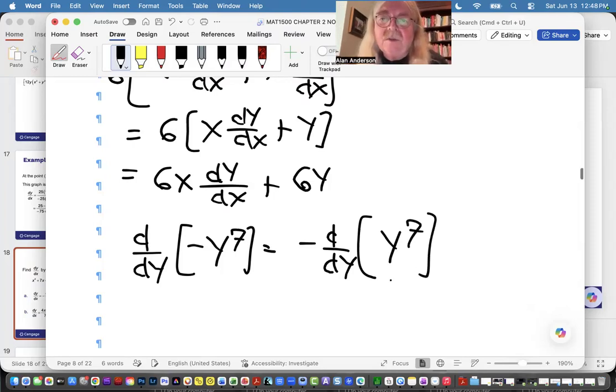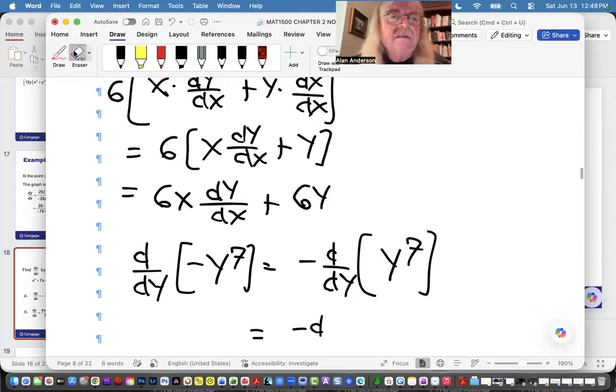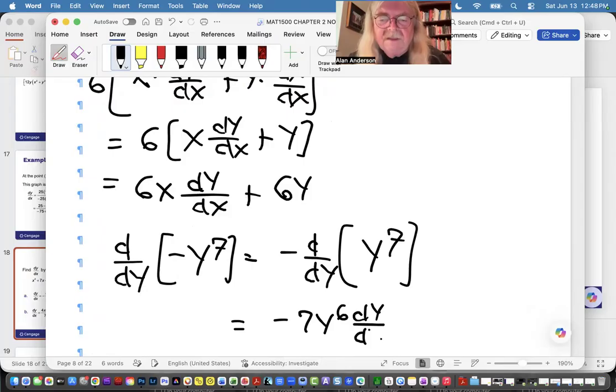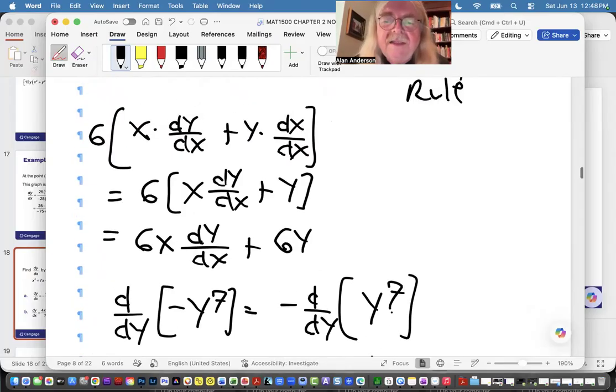And now remember how this works when it's y, negative, and then we're applying the general power rule. Okay, so we need the dy/dx here because of the general power rule, and that's all you need to do.